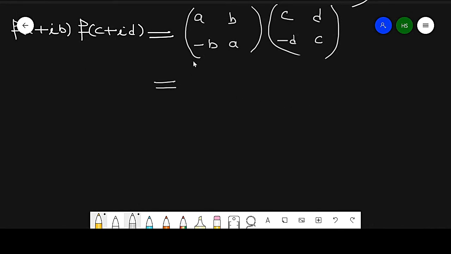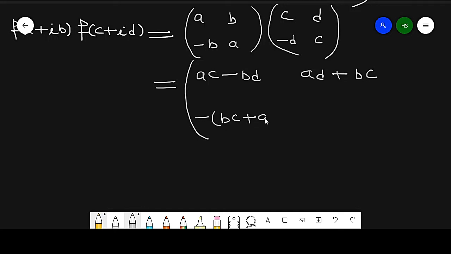So this is AC minus BD, and second is AD plus BC, and here minus (BC plus AD), and next is minus BD plus AC.